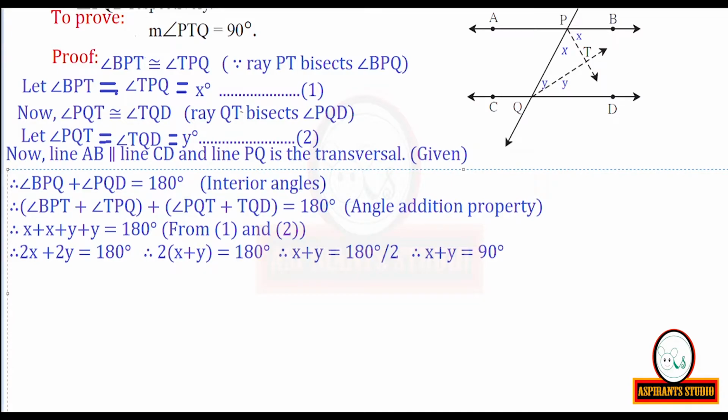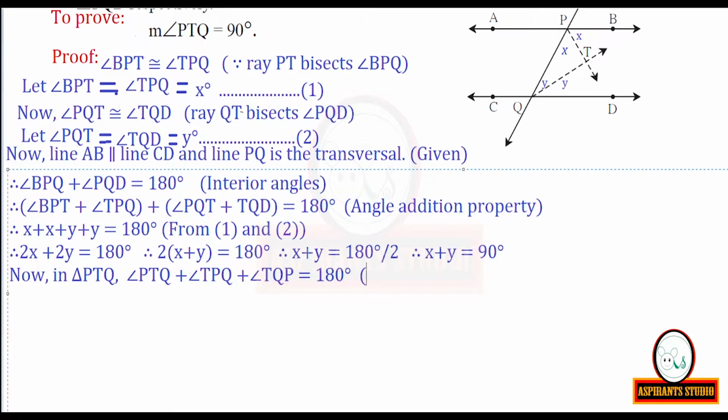Keep x plus y this side. Take 2 to the other side. So when you bring 2 to the other side of the equal to sign, it becomes divided by 2. x plus y is equal to 180 degrees divided by 2, that is equal to 90 degrees. Take it to be equation number 3.